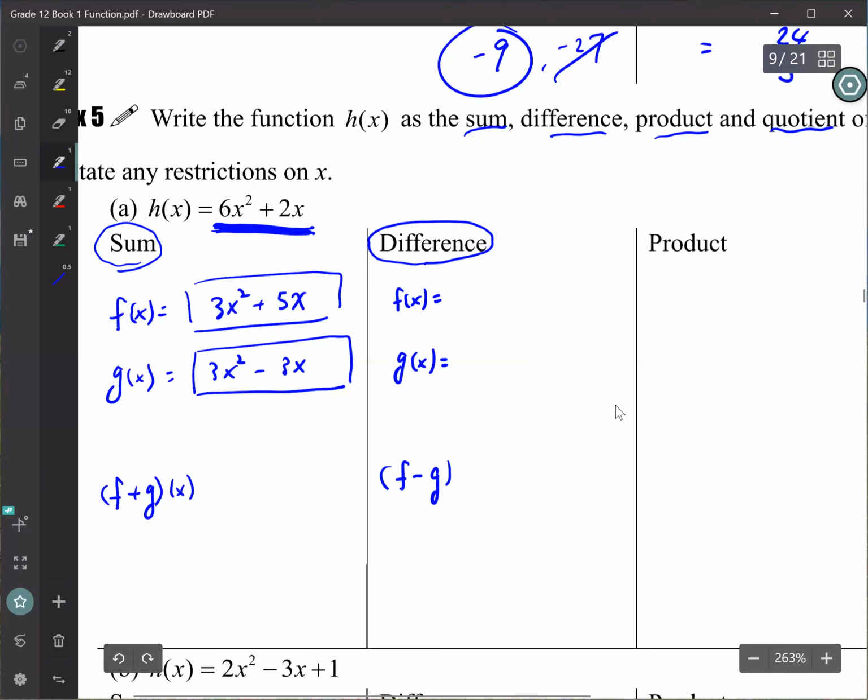Make sure you also write this out. Otherwise, I would think maybe it's f minus g or g minus f, we're not sure. When you finish the difference, please raise your hand. Once you got the difference, raise your hand.